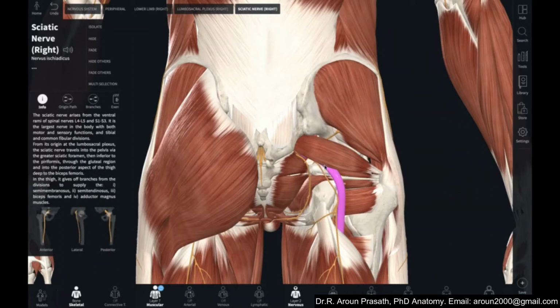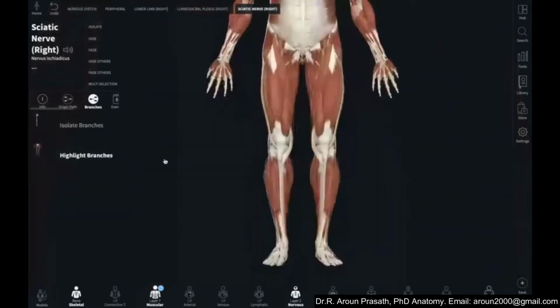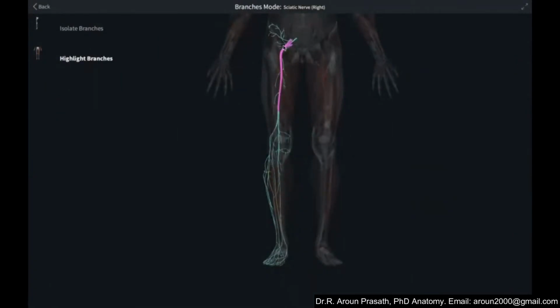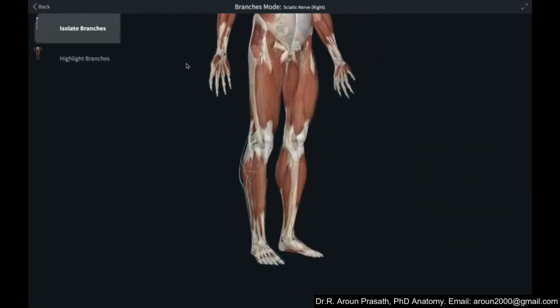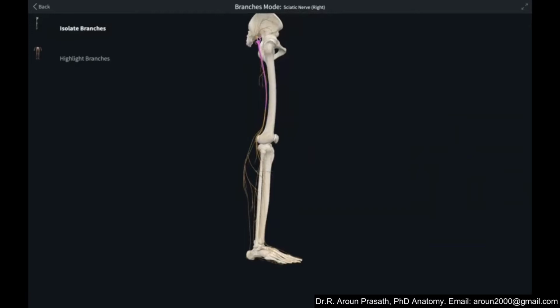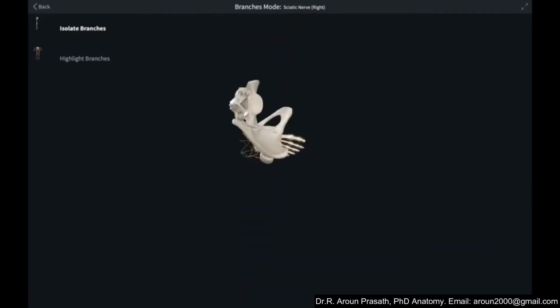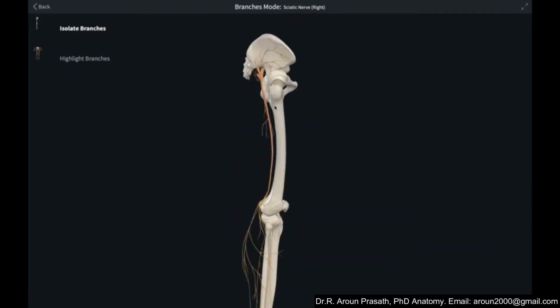So you select the upper outer quadrant of the gluteal region for intramuscular injection. If you damage this sciatic nerve, it is going to affect the complete leg. The sciatic nerve starts here in the greater sciatic notch and comes all the way down in the posterior aspect of the thigh. You can see it clearly here.